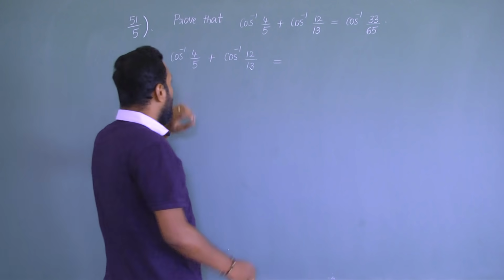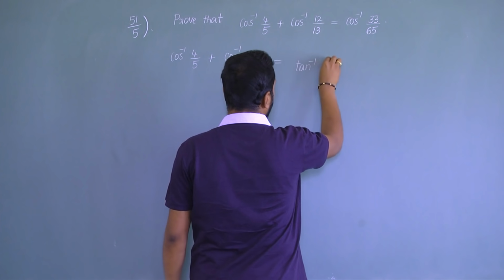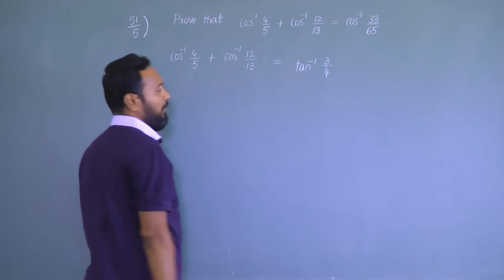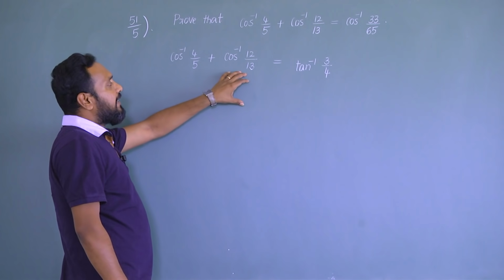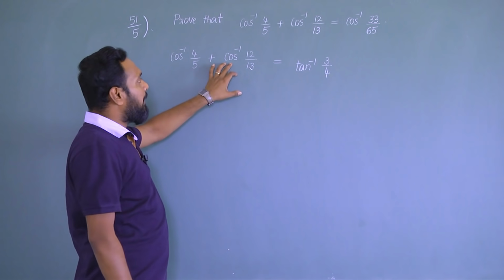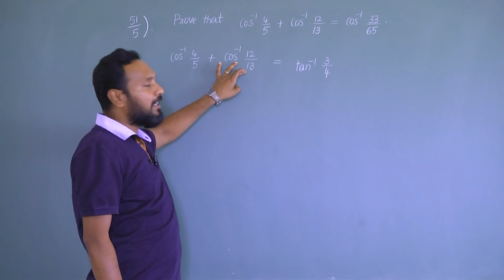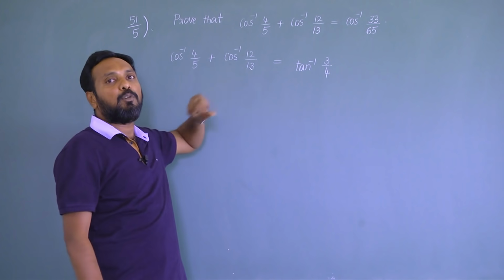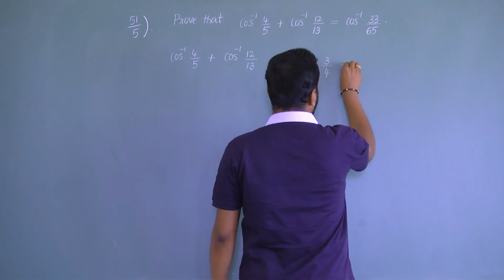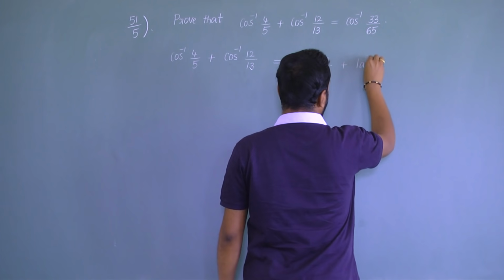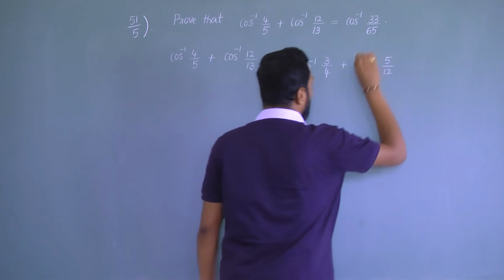Then cos inverse 4 by 5 can be written as tan inverse 3 by 4, opposite side by adjacent side. In the same way, for the second function, the same cos function is present, 12 adjacent side, 13 hypotenuse, opposite side becomes 5. So it can be written as tan inverse 5 by 12.